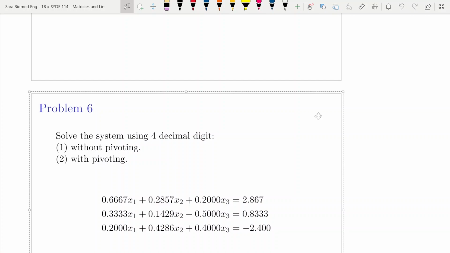Style. Okay. Where is it? Okay, can I do this?